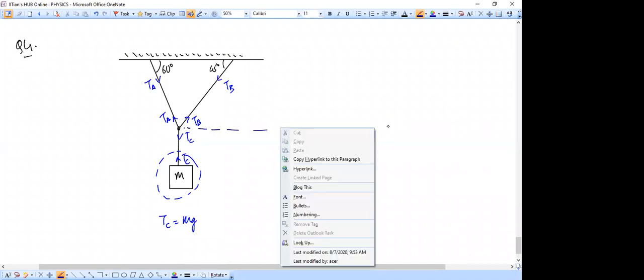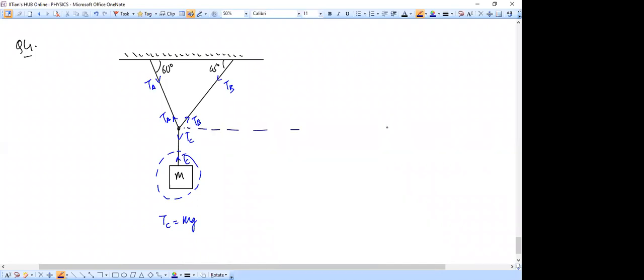The net force on it should be 0 because it's at rest and it's a massless point. On that there is TB acting like this, TA acting like this, and TC acting like this.